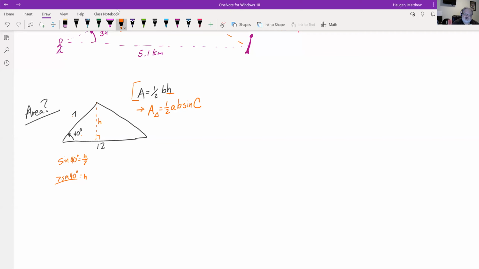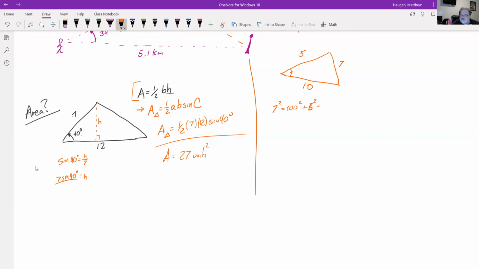But if we can use law of cosines to find this angle, the fact that 7 squared has to equal 10 squared plus 5 squared, minus 2 times 5 times 10 times the cosine of that angle. If we can find that angle, then we can use this to find the area in a much faster, much nicer way.